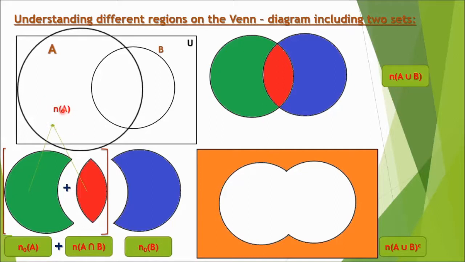Now you have to write in your copy, we have one formula, that is n naught A, that is only A, plus n(A intersection B) is equal to n(A). That is our first formula.